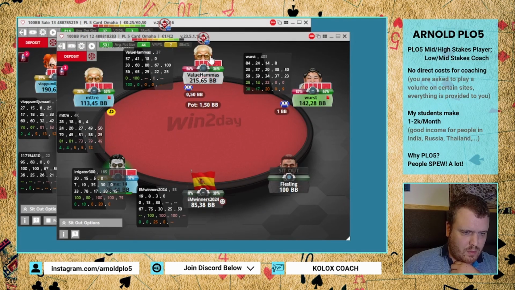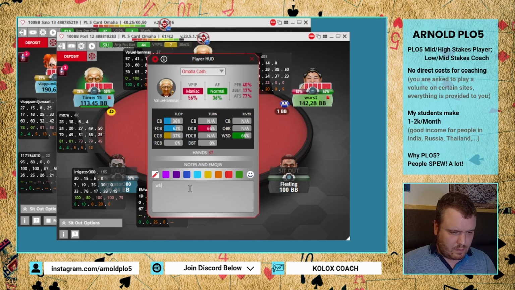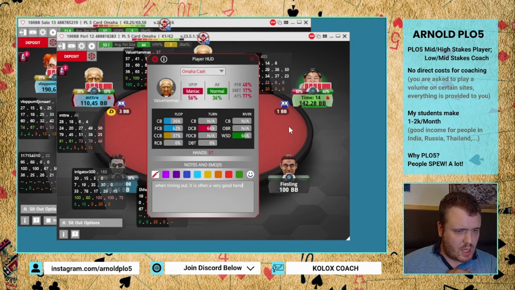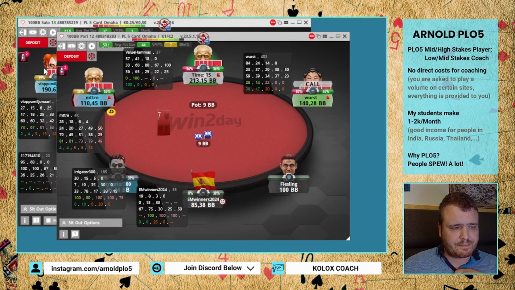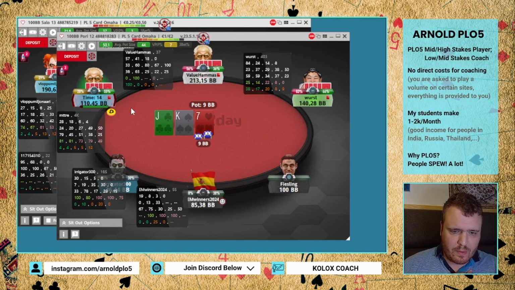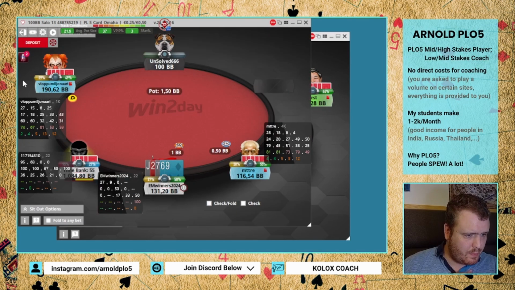This is probably also when he times out. Just to know when he's timing out, it's probably a very good hand. So it's something we can take away here.